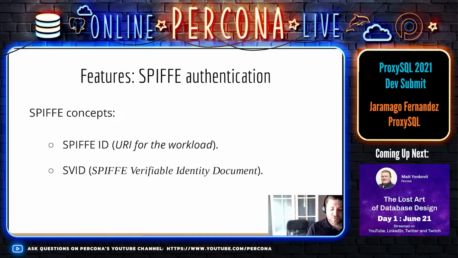It encodes the SPIFFE ID in a cryptographically verifiable document that by standard has two formats: the X509 certificate and a JWT token. In ProxySQL, we just support one format. We support the X509 certificate.